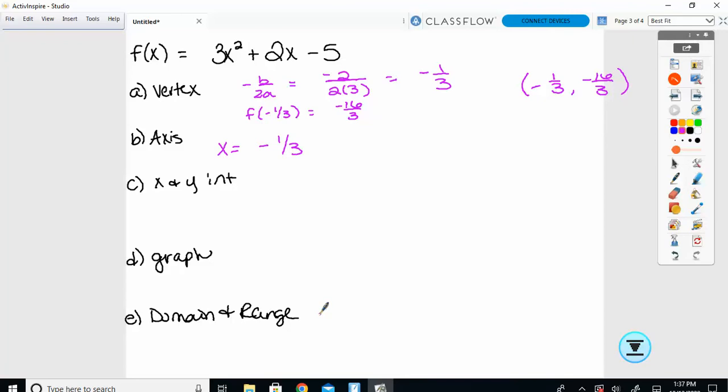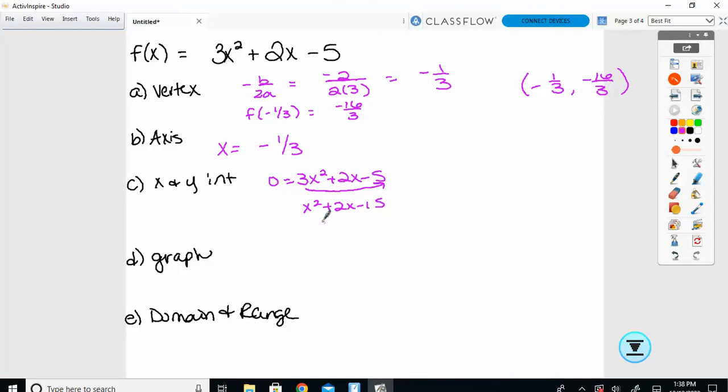Intercepts. How do we find x and y intercepts? We did y-intercept a lot. I didn't always ask for x, but sometimes we did. Exactly. So to find my x-intercept, if my y is 0, what would I have to do with this? Factor it. So you guys do slip and slide.